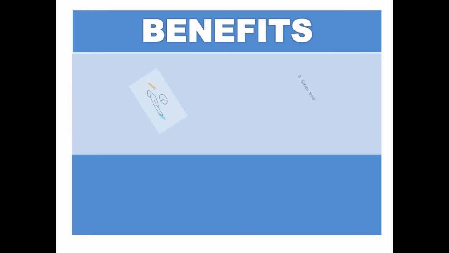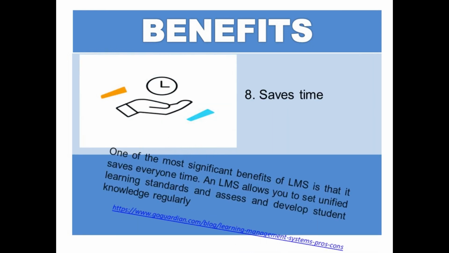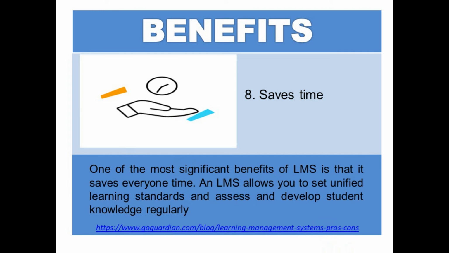Learning management system saves time. One of the most significant benefits of LMS is that it saves everyone time. An LMS allows you to set unified learning standards and assess and develop student knowledge regularly.